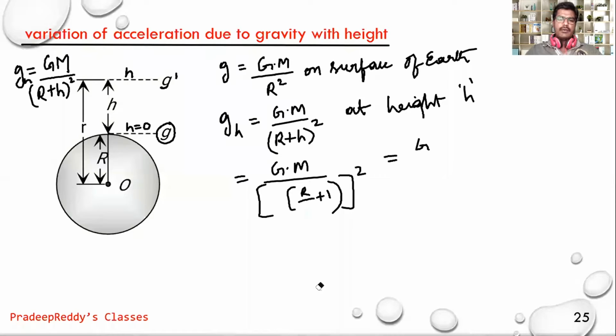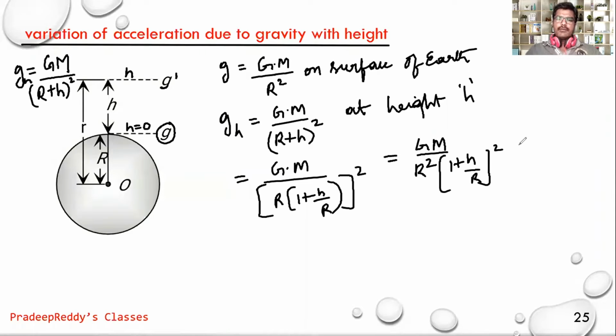If I take R out, it is 1 plus h divided by R. This is G M divided by R square into (1 plus h by R) whole square.